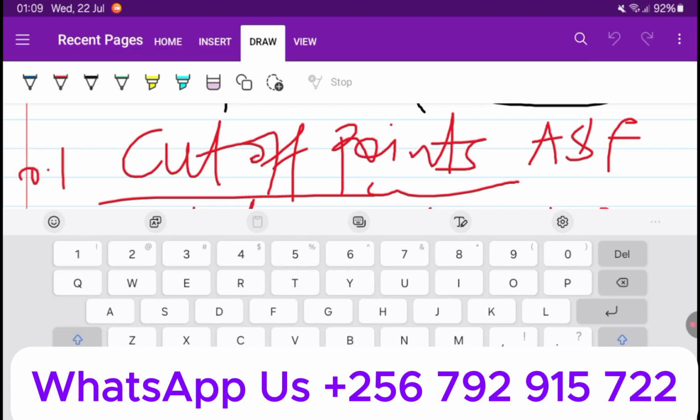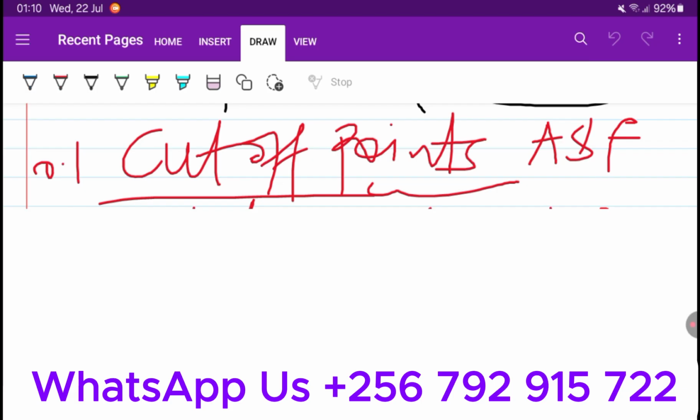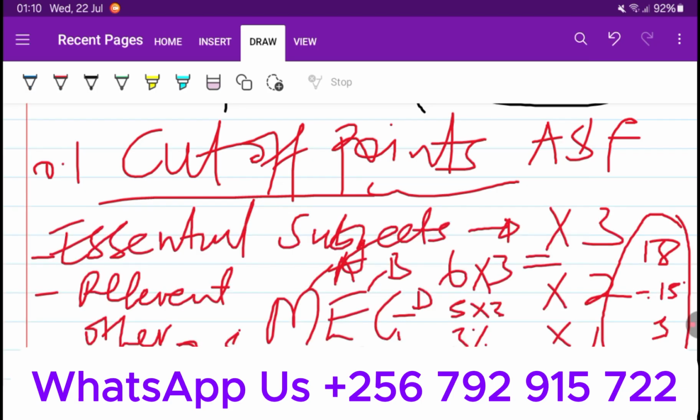The reason is that some of the subjects carry higher points, and those points can affect the average. So in such a situation, we can't say, since you've gotten an A plus a B in economics, we just add 6 plus 5, then plus 3, and divide by 3. That will not make any sense.